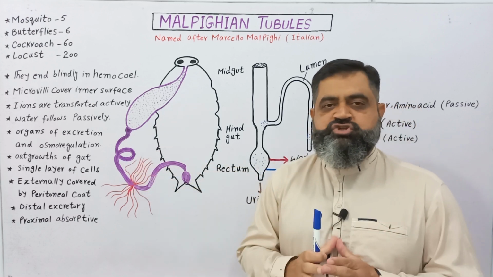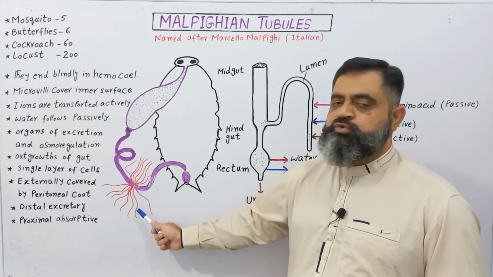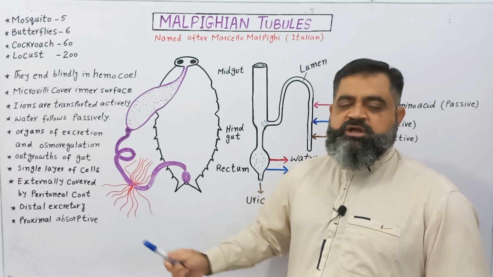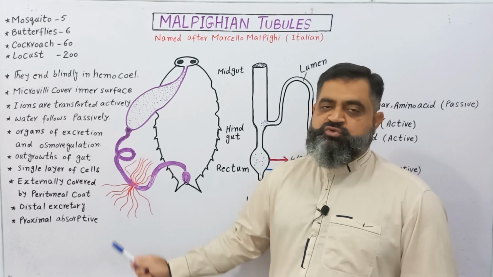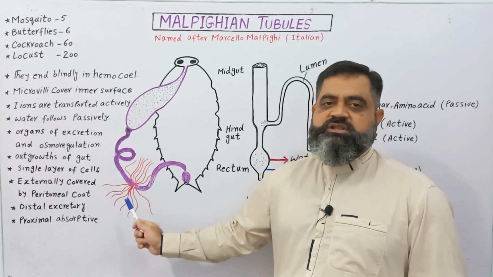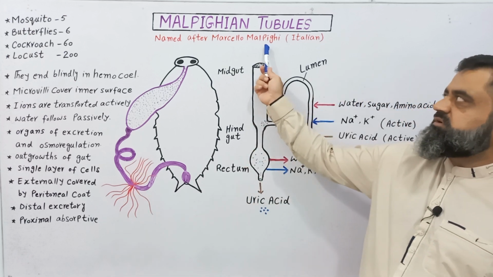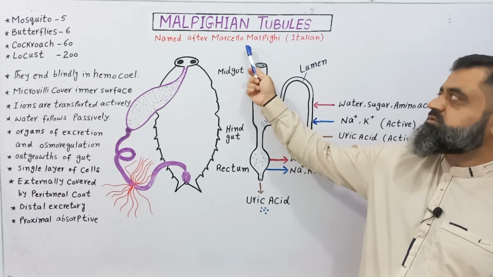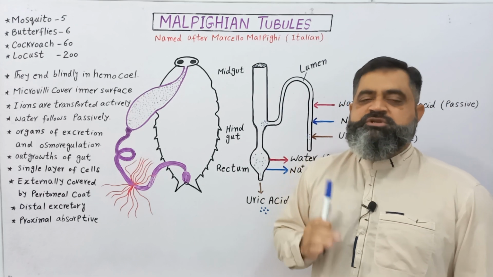Just at the junction of midgut and hindgut, there are fine tubules which are made up of a single layer of cells, known as Malpighian tubules, which are involved in the excretory process. Malpighian tubules were first discovered by the Italian anatomist Marcello Malpighi, so that is why we call them Malpighian tubules.